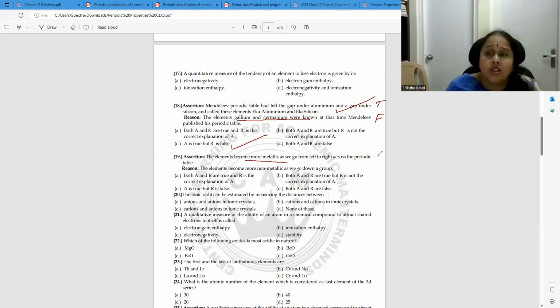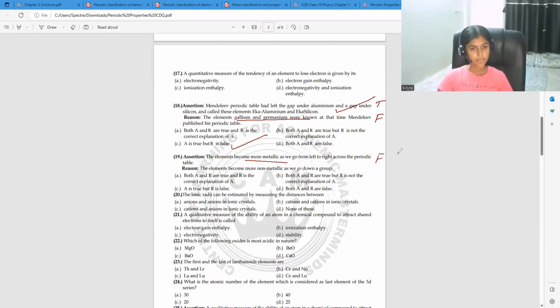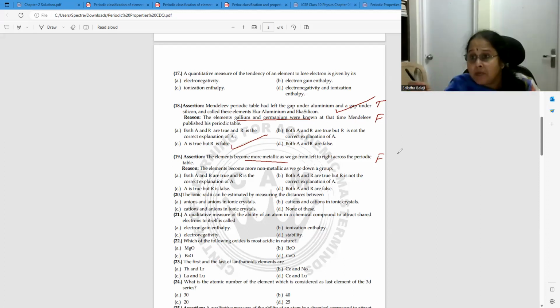So the assertion is false. As you are reading the statement, please do this exercise then and there. Don't give importance to reading the options and everything. When you assess it as true or false then and there, you will be in a position to generate your answer easily.